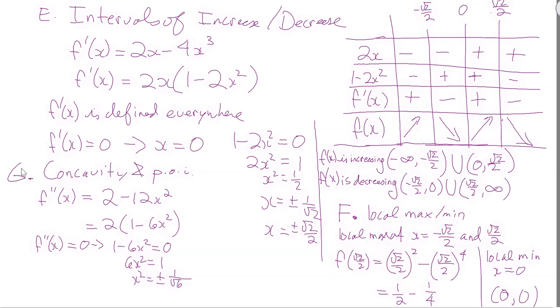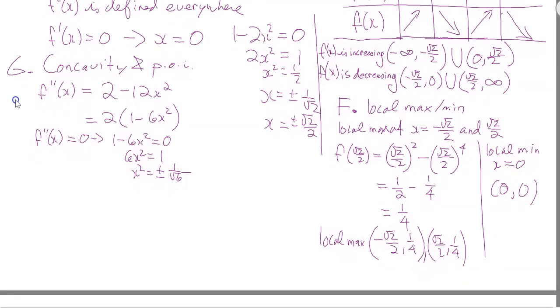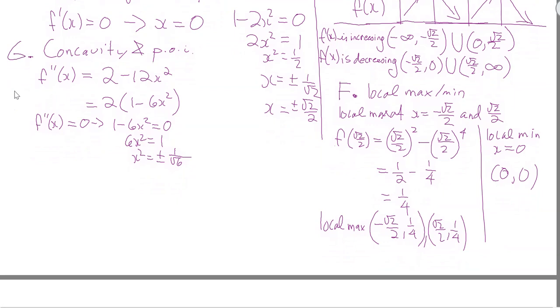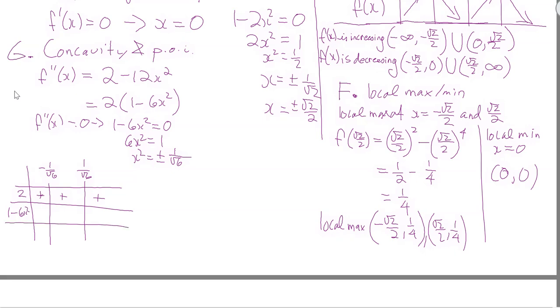Okay, so we need a new chart, if I can squeeze everything in on one page. Negative 1 over root 6, 1 over root 6. We got a 2, and 1 minus 6x squared, which is going to be what?